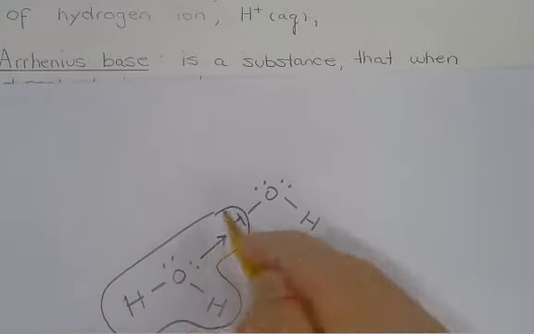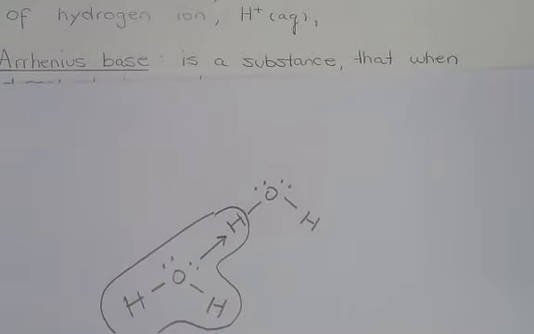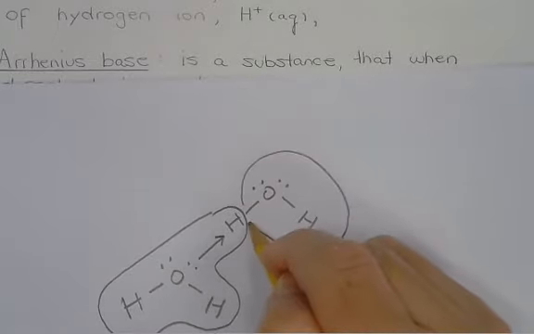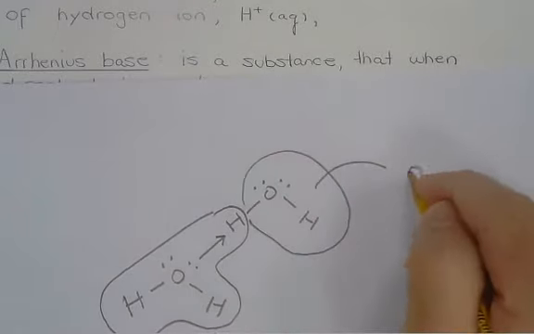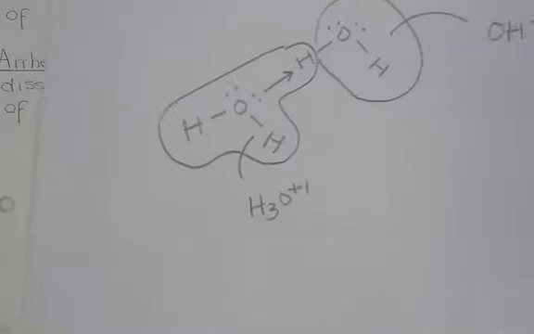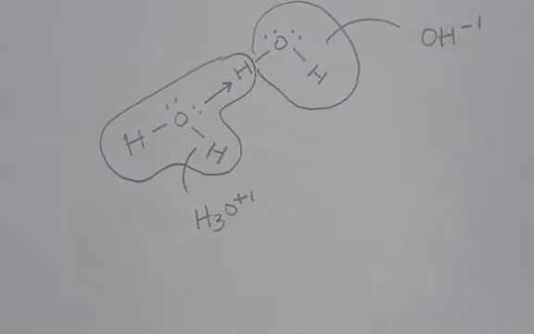It takes the hydrogen with it. And what does that leave behind? All of this stuff. So this is your OH minus 1, and this is your H3O plus. Okay, so that's how you can create the H3O plus and the OH minus.